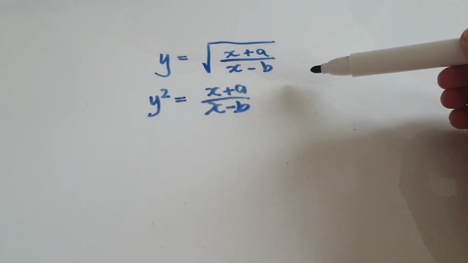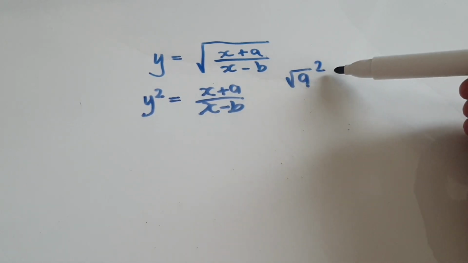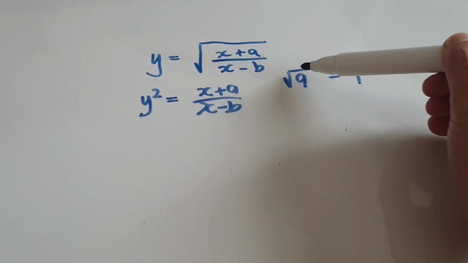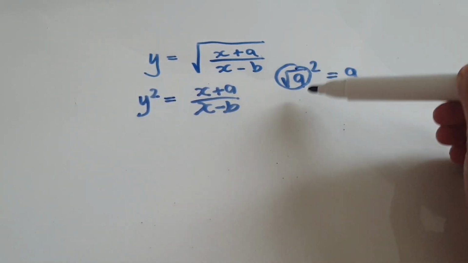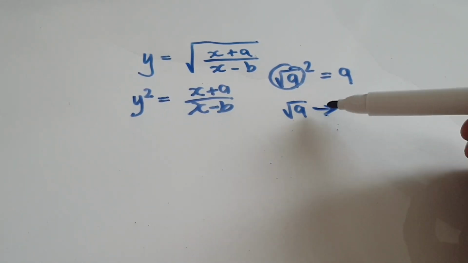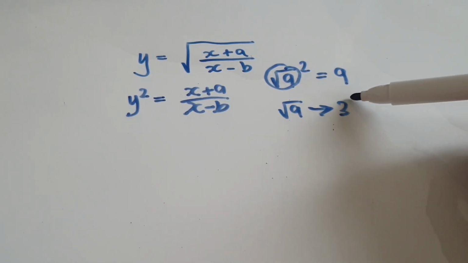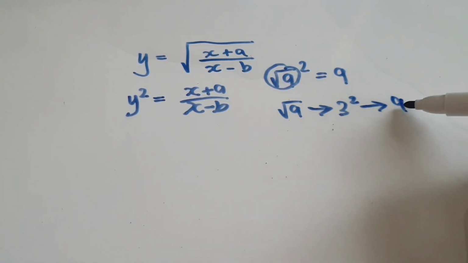Let's try and understand why. For example, if you look at square root of 9 and then you square it, it would just become 9. Now let's look at this here. If you start out with square root of 9, the square root of 9 is 3, and then when you square 3, it becomes back to 9.